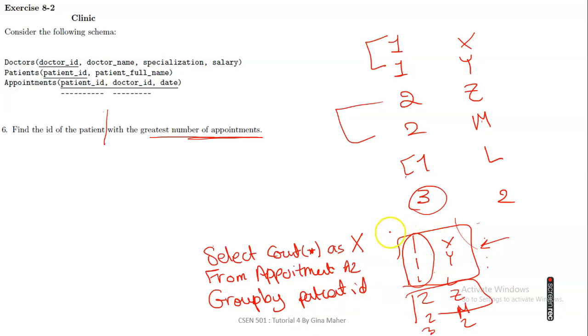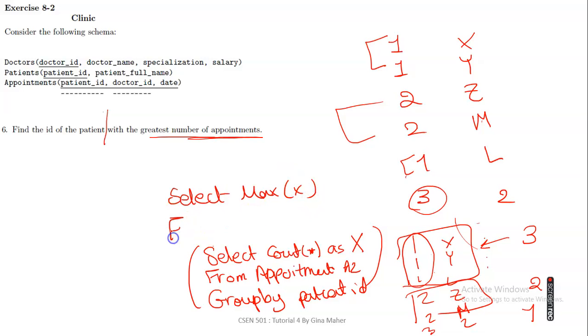So we are going to count each group. This will return 3, 2, 1. From this query we want to get the maximum X. So we are going to select max(X) from this query, which will be 3.